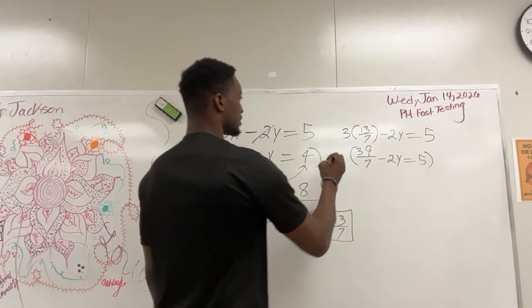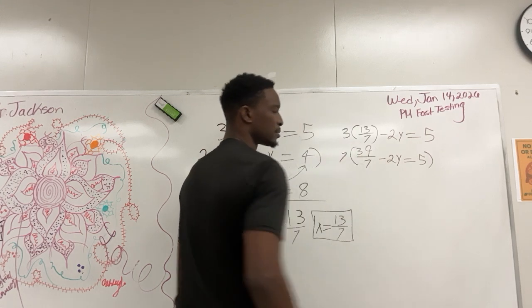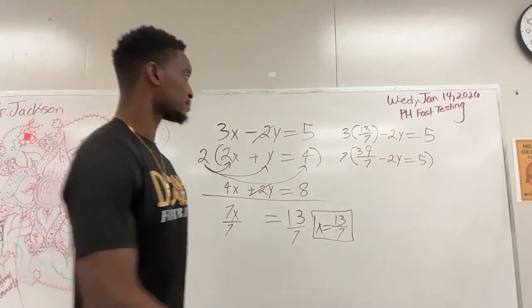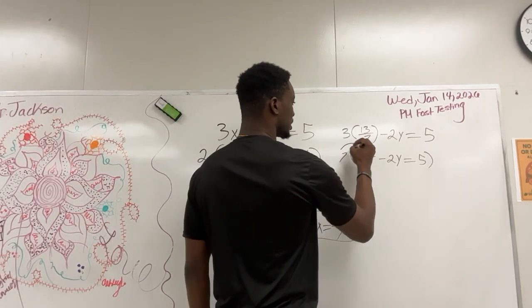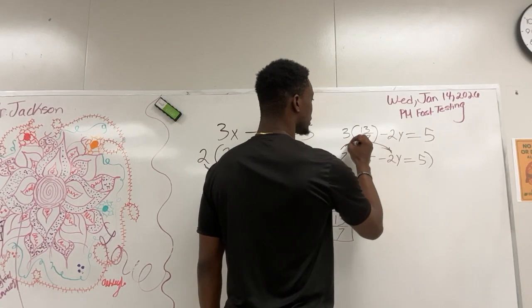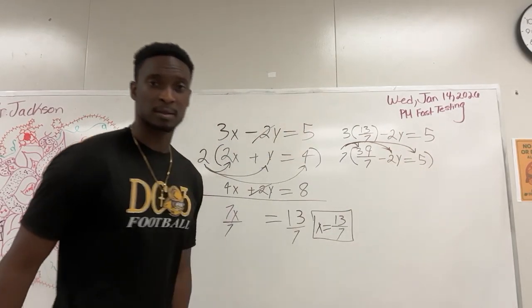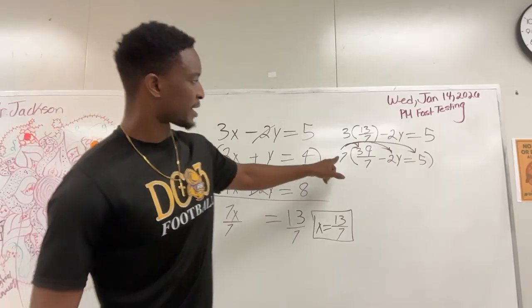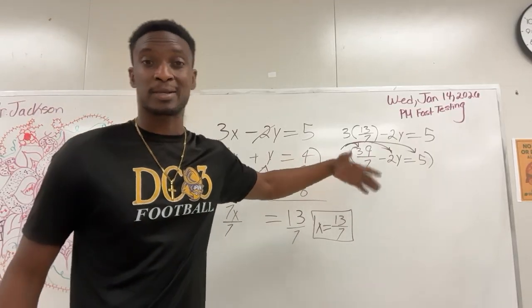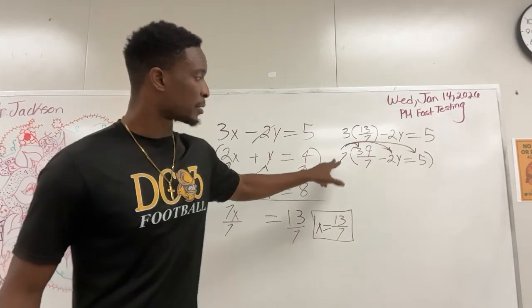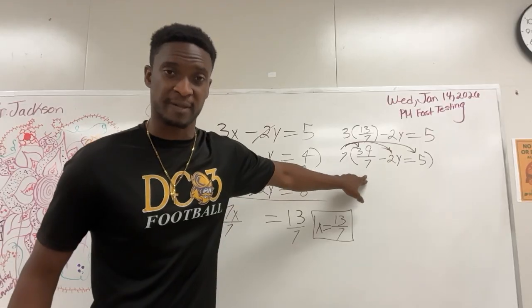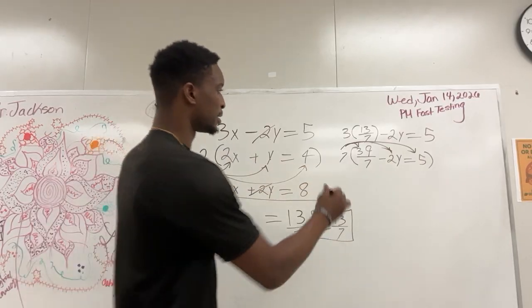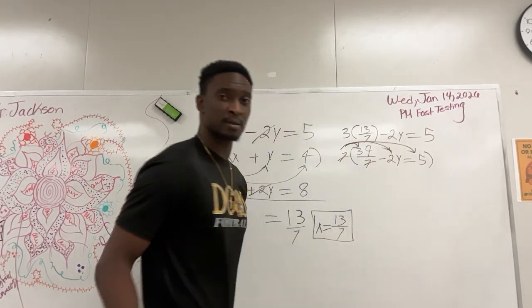I multiply everything now by 7. 7 distributed here, here, and here. 7 times my 39, I could do all of that math, but remember, I'm multiplying it by my red flag, so my red flags cancel out. No more 7.